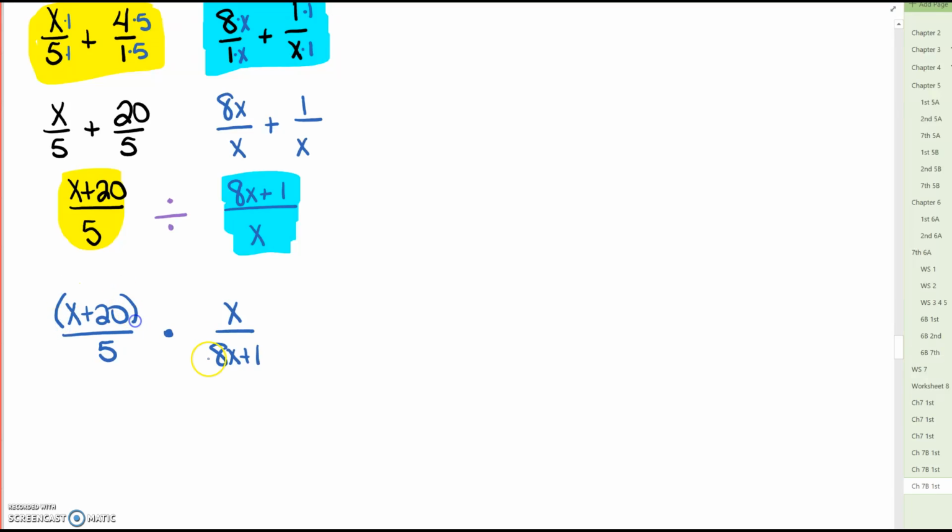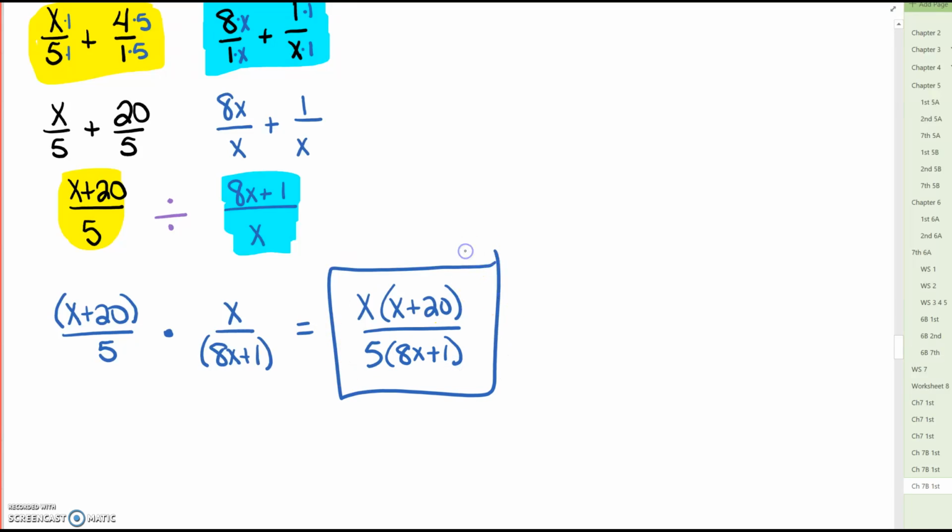The nice thing is these are as simple as they get. So really, your answer here is put the x and the x plus 20 on the top, put the 5 and the 8x plus 1 on the bottom, and that is your simplified answer. You got that complex fraction down to just one numerator and one denominator.